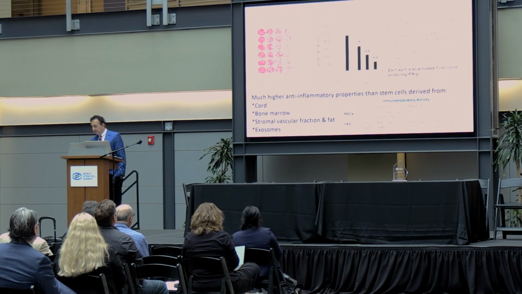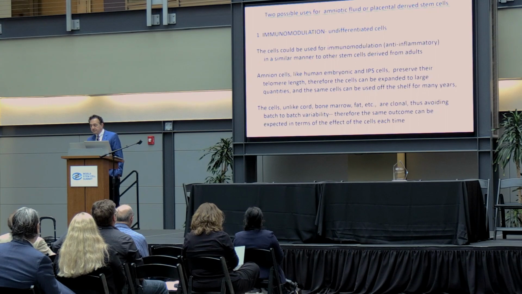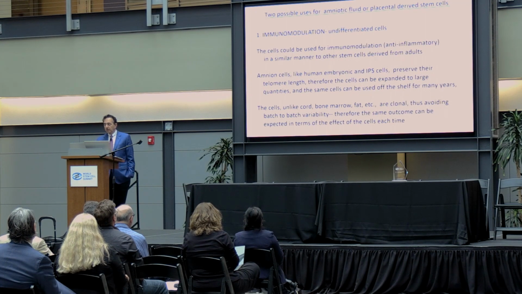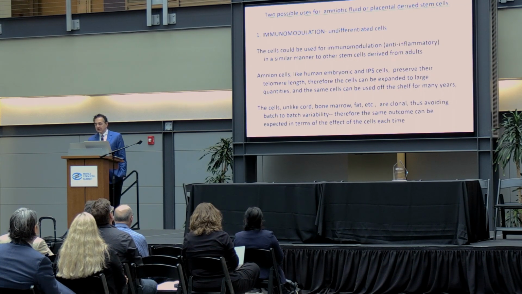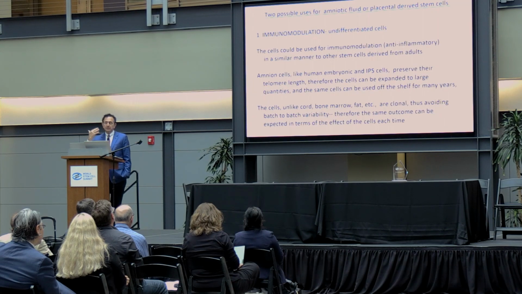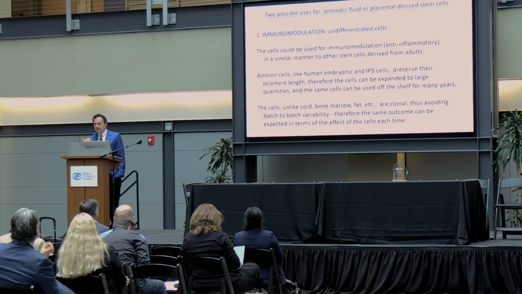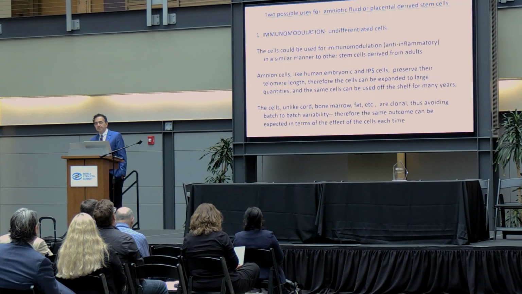And with these cells, because you are using cells from the same source, that is, from one specimen you can use as many cells as you want, you don't have the batch-to-batch variability that you see with other cell types, right? Because you don't have to go donor after donor to get more cells to grow over time.